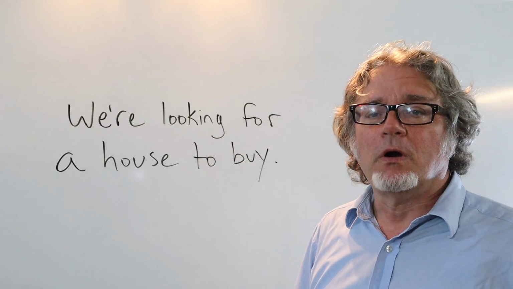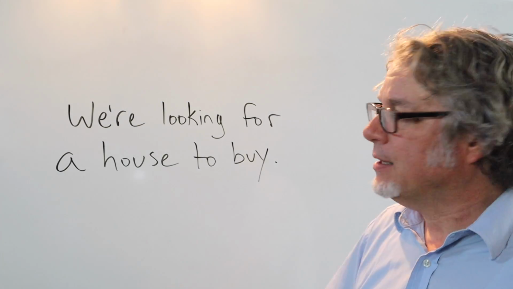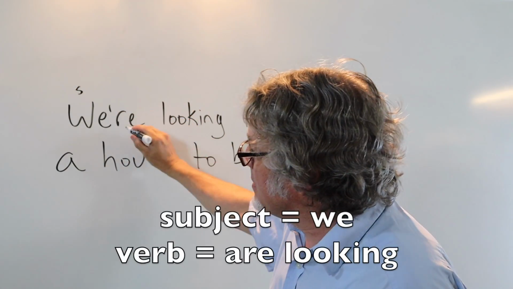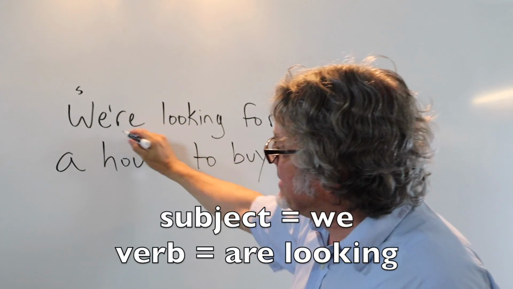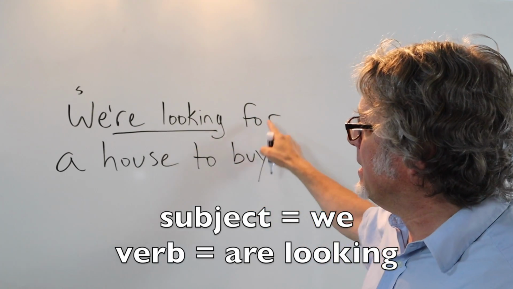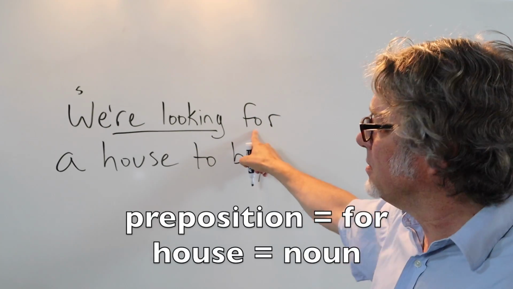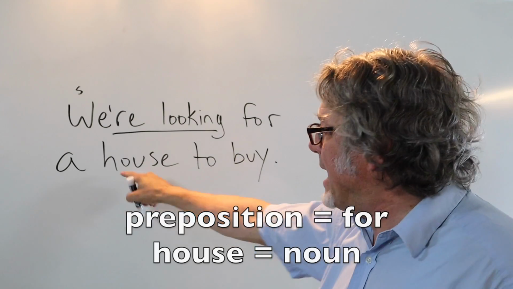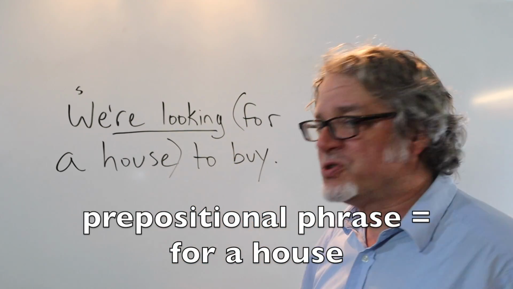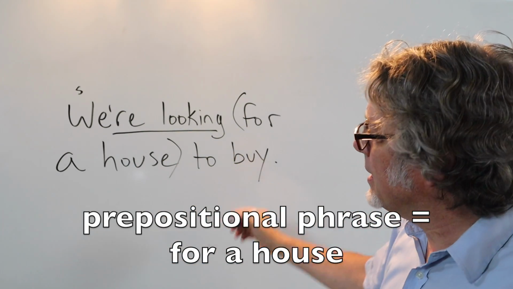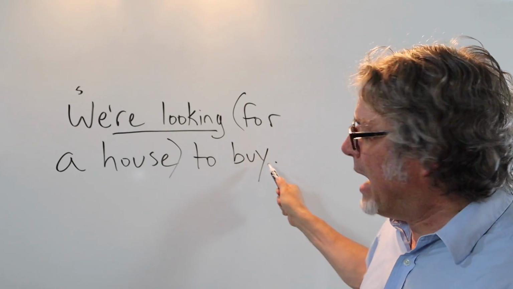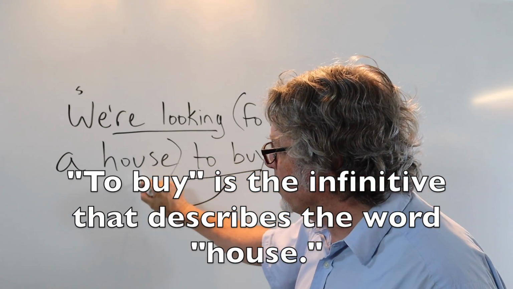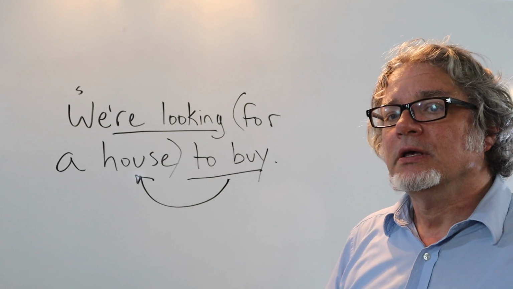We're looking for a house to buy. In this sentence, here's the subject. The verb is in the present continuous tense, are looking. Here's a preposition, for, and then the word house is a noun. This is a prepositional phrase. And to buy is the infinitive that describes the word house.